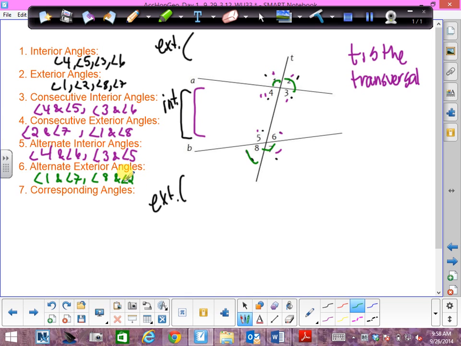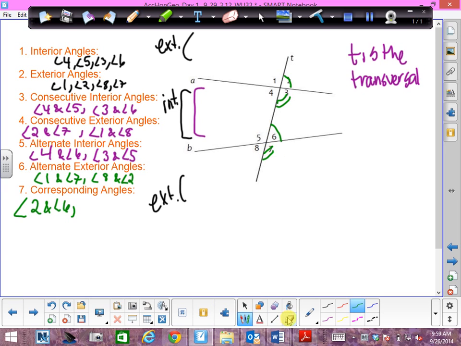Okay, last we have corresponding angles. So corresponding angles are angles that are on the same side of the transversal, but they're in the same position in reference to the line. So for example, angle 2 is on the right side of the transversal, but it's above line A. So angle 6 is also on the right side, and it's above line B, so 2 and 6 are corresponding. So then we also have angle 3 and angle 7.